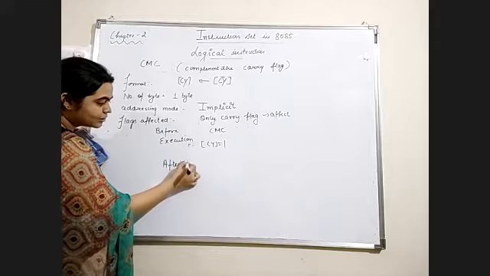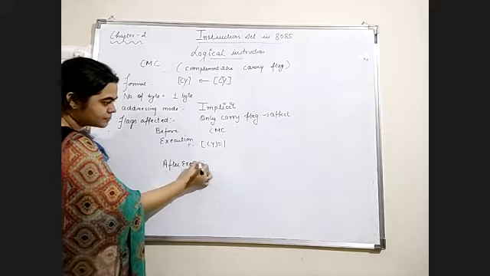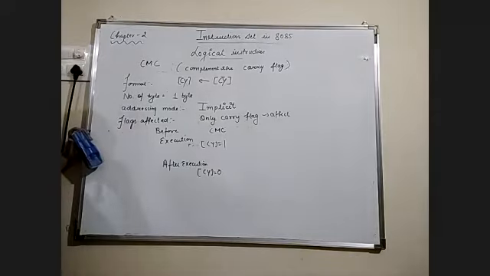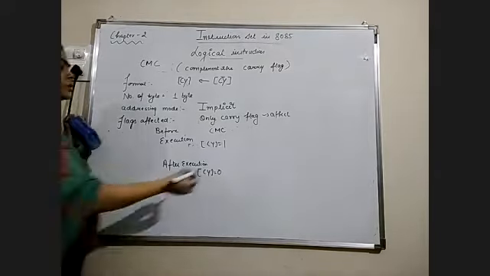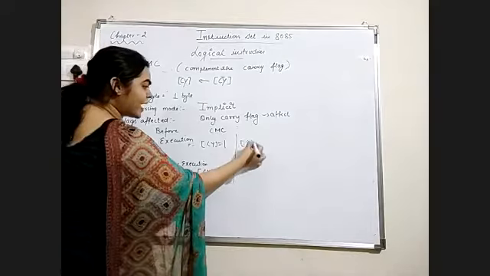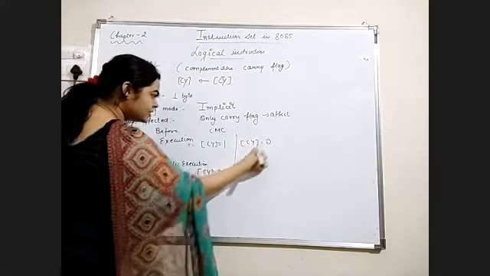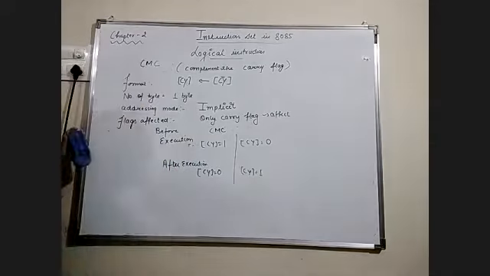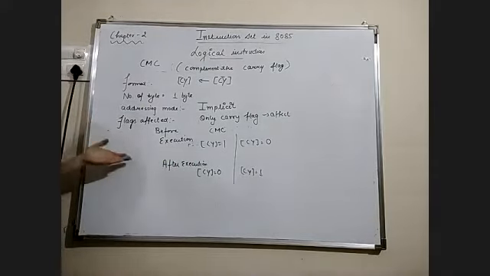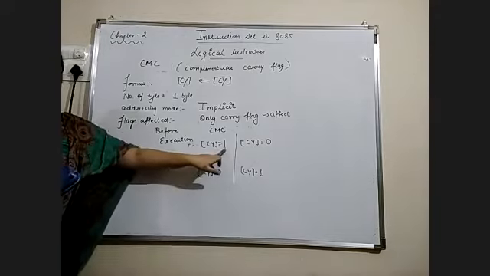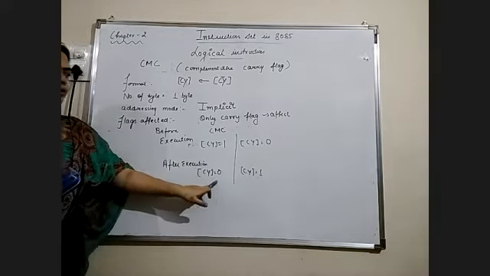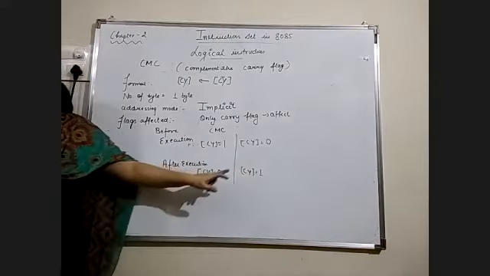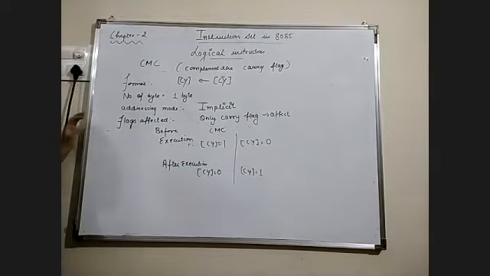After the execution of CMC, the carry flag has value 0. Or suppose before execution the carry flag has value 0. After execution the carry flag has value 1. So that means complementing the carry value. If it is 1, then after execution it is 0. If it is 0, then after execution it becomes 1. Okay, so this is the simple meaning of CMC.